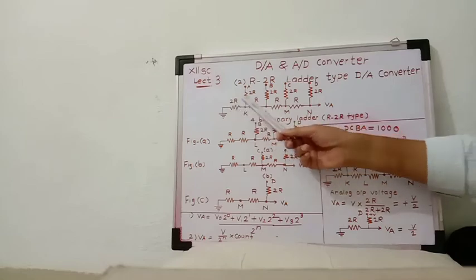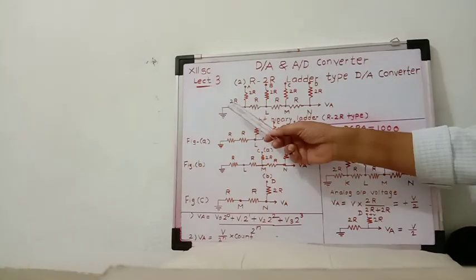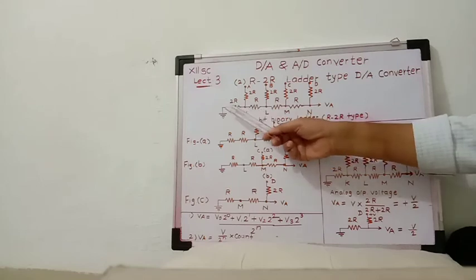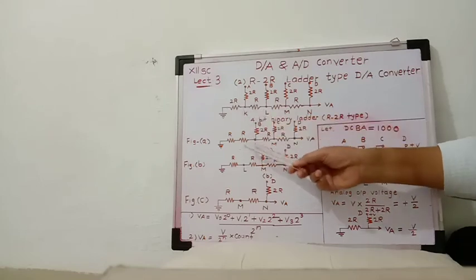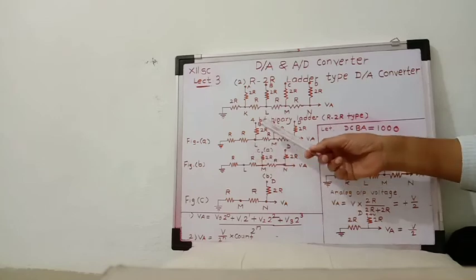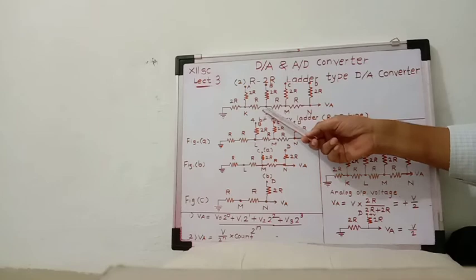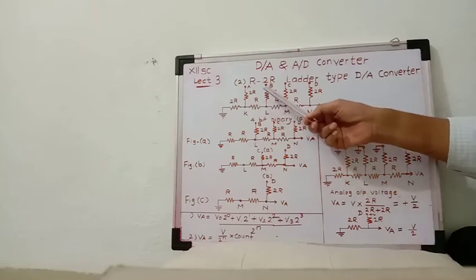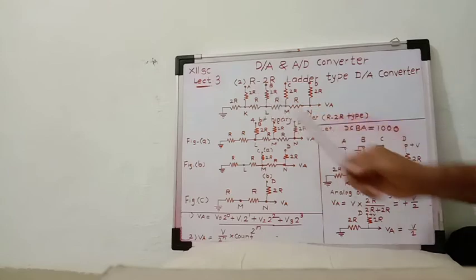So R plus R is 2R, and the resistance between terminal B and L is also 2R, with terminal B connected to ground.